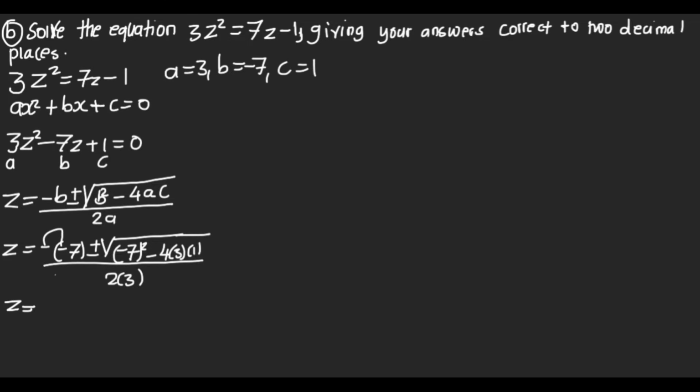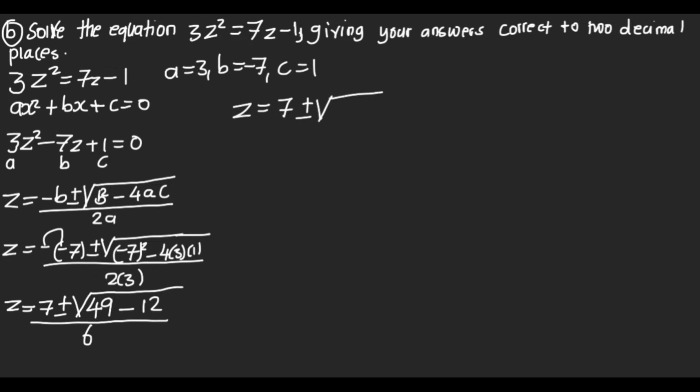So negative times this negative is 7. Then -7 squared will give us +49, minus 4 times 3 is 12 times 1, we still have 12, over 2 times 3 we get 6 here. So z is equal to 7 plus or minus the square root of 49 minus 12, which gives us 37, over 6.